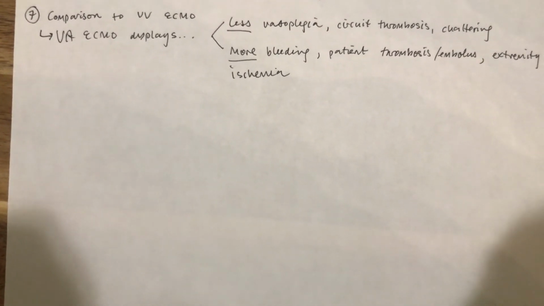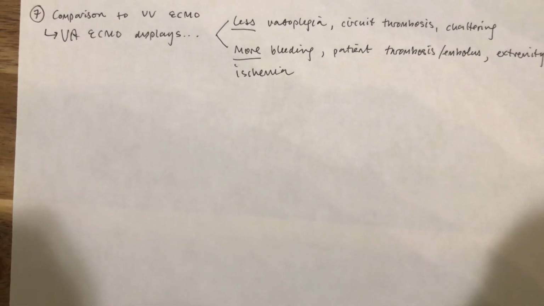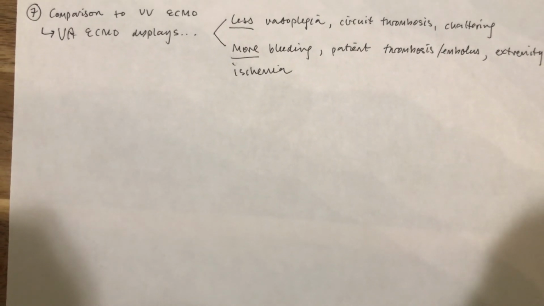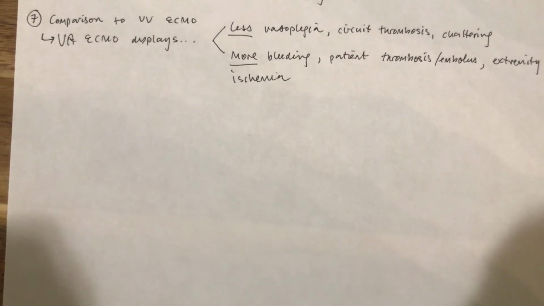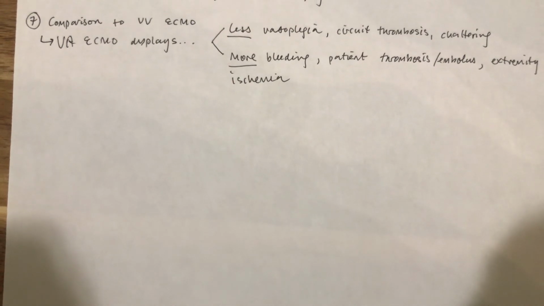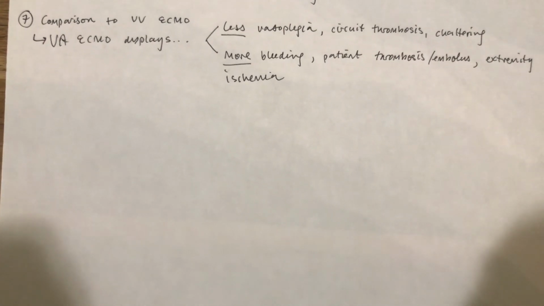For VA ECMO, you will also see more bleeding. This is probably because patients are sicker at baseline, and cannulation is done under more emergent circumstances. You'll see more patient emboli, and this is because you have this venous directly to arterial blood flow, so the lungs are not there to act as a filter.